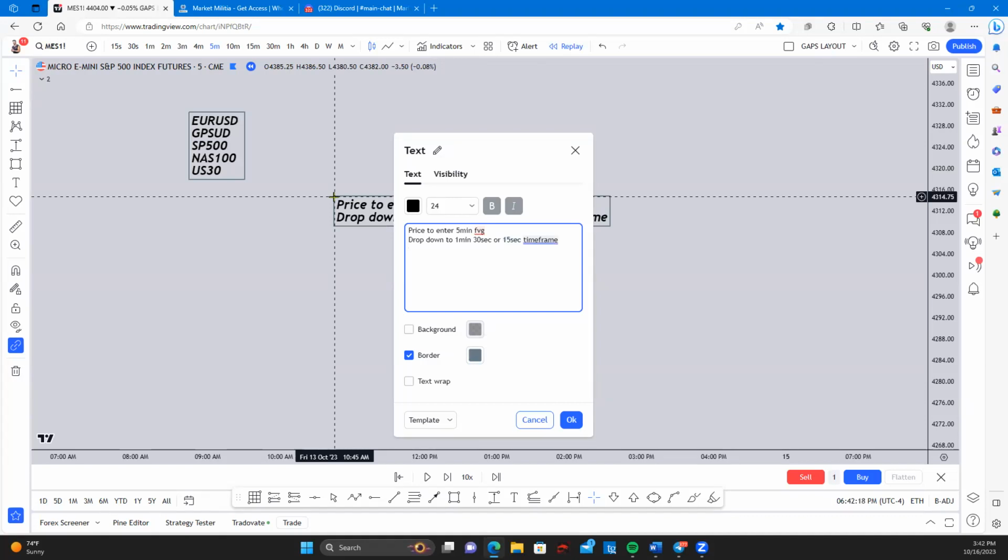Then we're going to wait for a market structure shift plus fair value gap, and then you're going to enter. Then we're going to target some opposing liquidity.